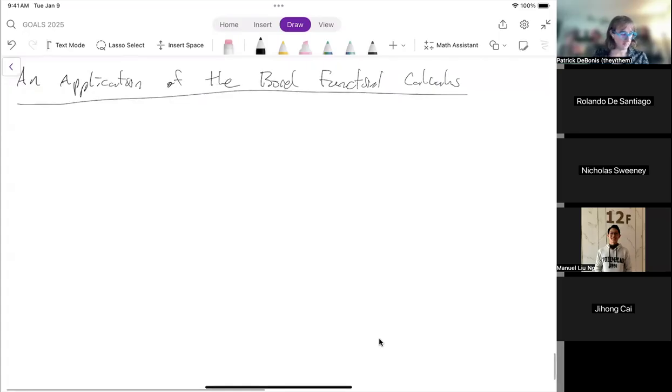Okay, so the first idea that we're going to use, really the main idea for this application, is that characteristic functions are projections. So what does that mean?